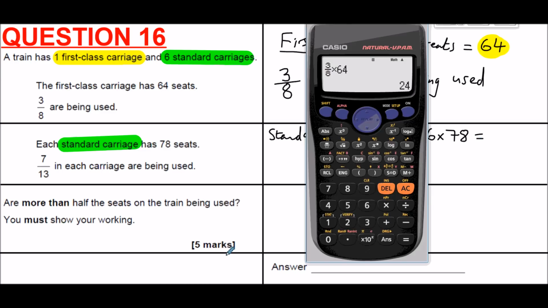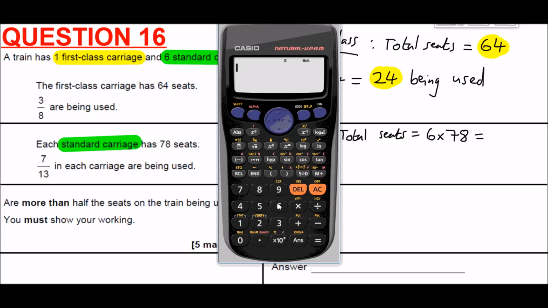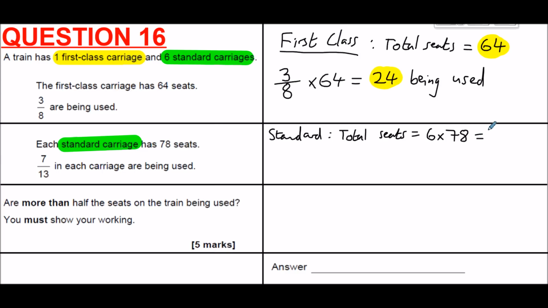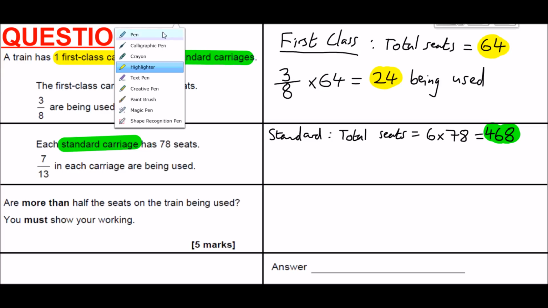So 6 multiplied by 78 is 468. So you've got 468 standard seats and 64 first class ones as well. We'll come back to that in a second.